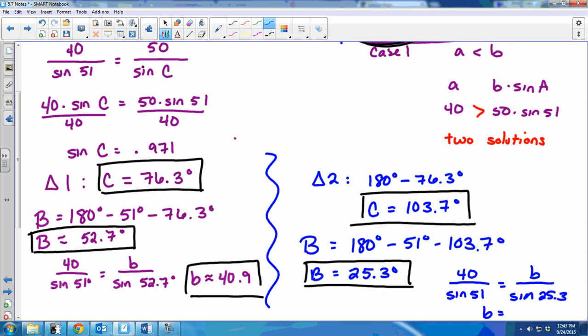And side B ends up, after you cross multiply and do all that, ends up being 21.99, so we'll call it 22. So that's your 2 solutions. You have 2 separate triangles based off the same information.